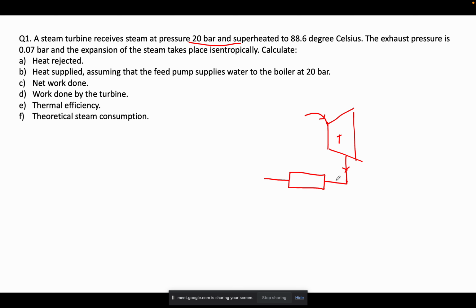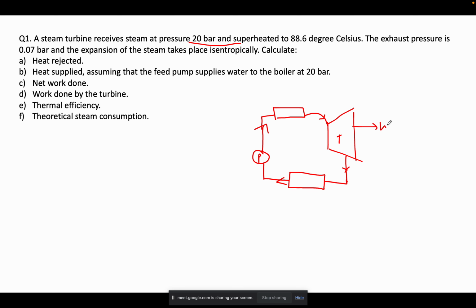Then there is a pump, which will take some amount of work and bring it back to its original pressure level before that expansion takes place, and then at constant pressure some heat addition takes place. So this is the overall flow chart.